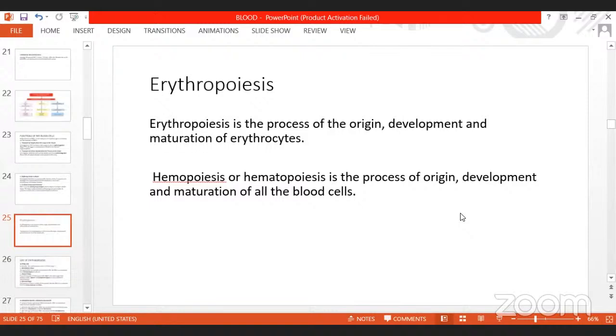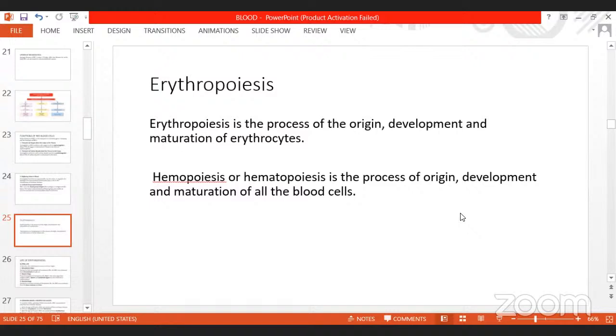Let's see how the RBCs are formed. The mechanism by which RBCs are formed is known as erythropoiesis. That is the process of origin, development, and maturation of the erythrocytes.